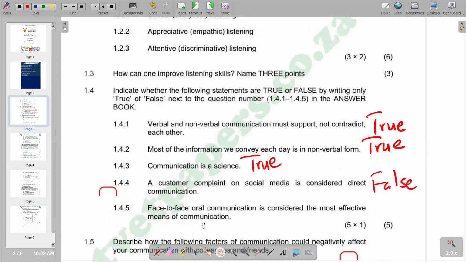There is the person that you are listening to, and there's going to be non-verbal communication that also reinforces what is being communicated, which is going to make you further understand. Also, clarity is enhanced when you are having face-to-face communication. So basically, 1.4.5 now becomes true.